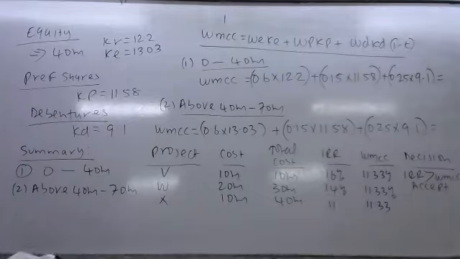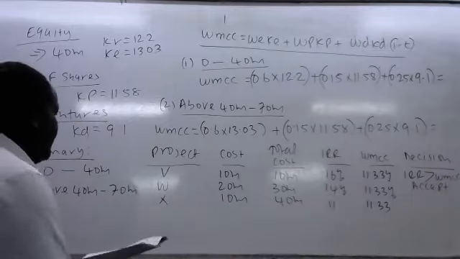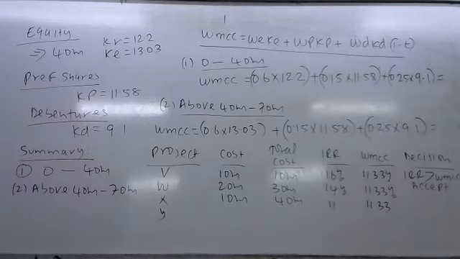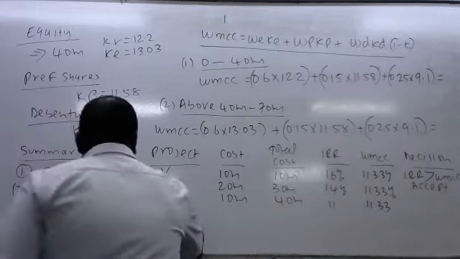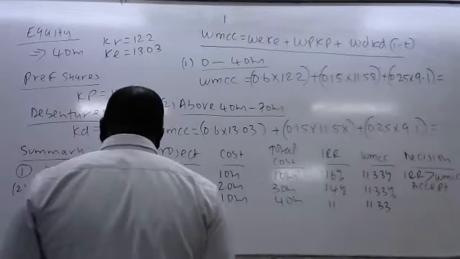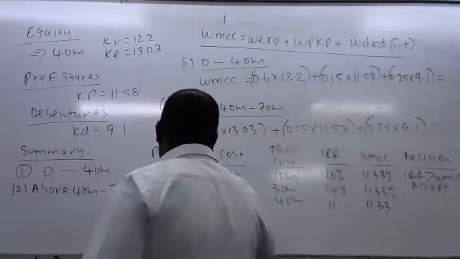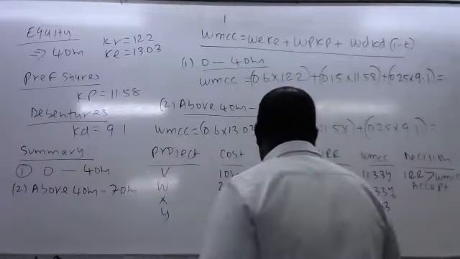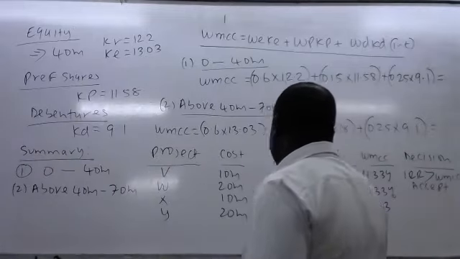Then the next project is supposed to be project Y. Project Y has a total initial cost of 20 million, so cumulative will be 60 million.